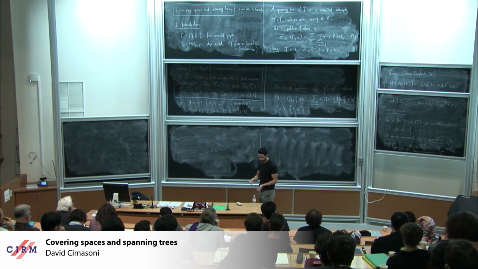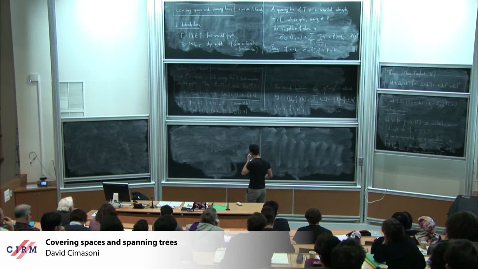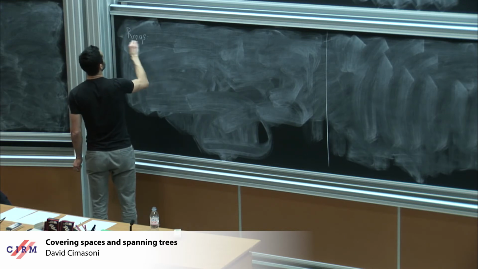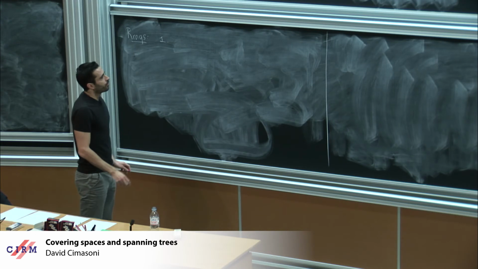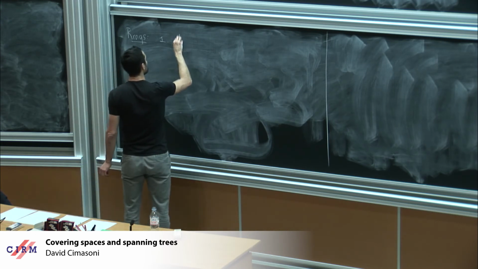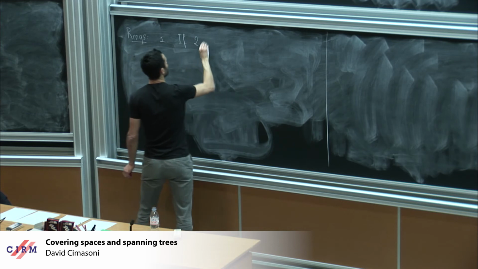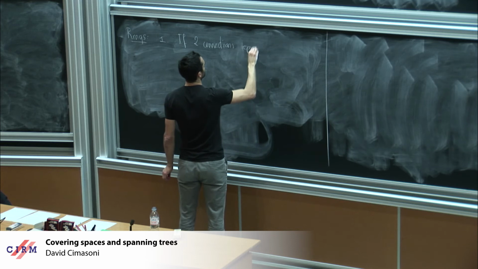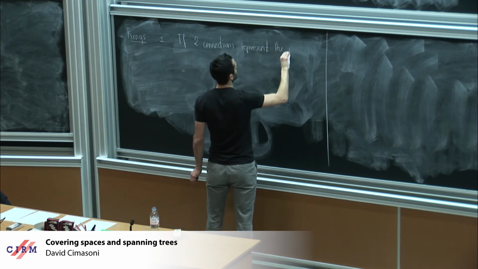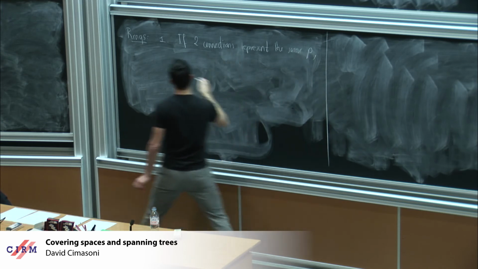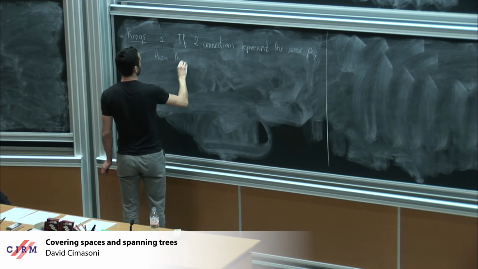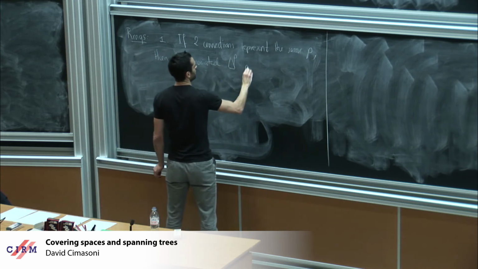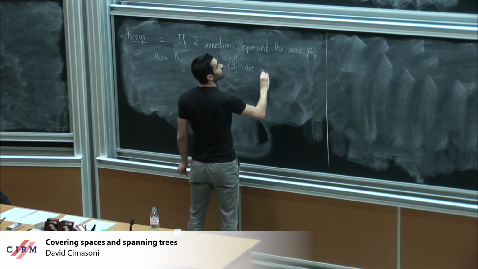So maybe I'm going to write this down. Several remarks. The first remark is what I just said. If two connections represent the same homomorphism rho, then the associated operators are conjugate.